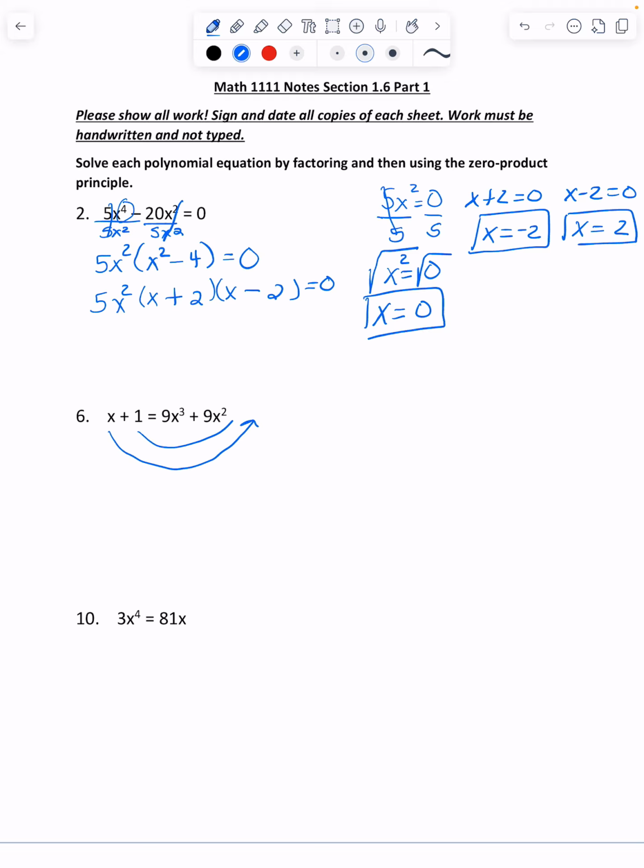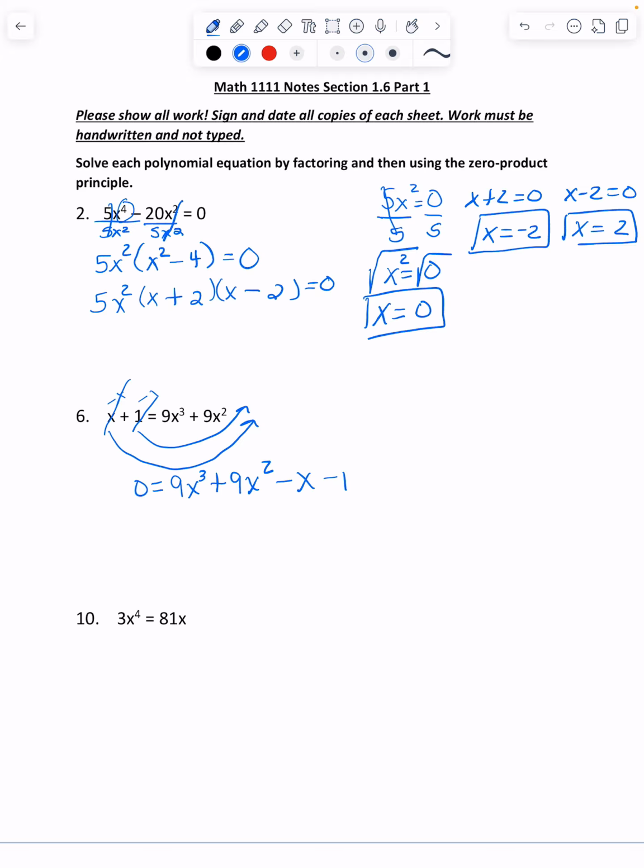Still getting it set equal to 0. So if I move positive x to the right side, I'm going to do the opposite, and I'm going to subtract. So it's going to cancel out over there. If I move positive 1 to the other side, I'm going to subtract, and that's going to cancel out. So I've set my equation up to equal 0.